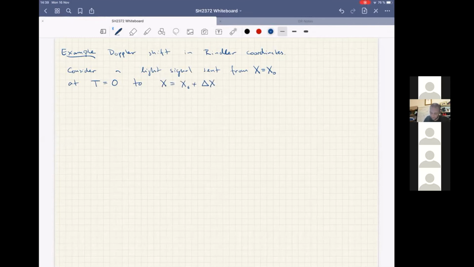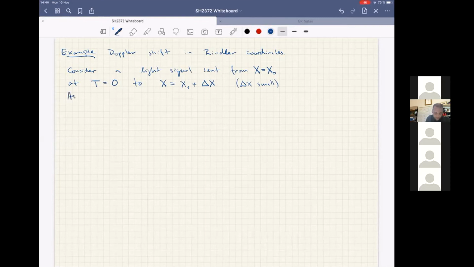Well, we take delta x small. And we ask ourselves, given that the frequency for the original emitter is something, we want to know the relation to that of the second observer.